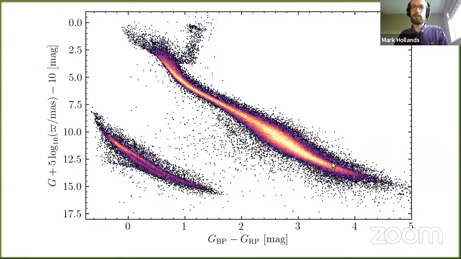We have essentially two sequences in the figure: the main sequence, where we find stars like the sun, with some things starting to depart from the main sequence and ascend onto the giant branches. But down here we have the white dwarfs, which are very clearly separated in the Gaia HR diagram.